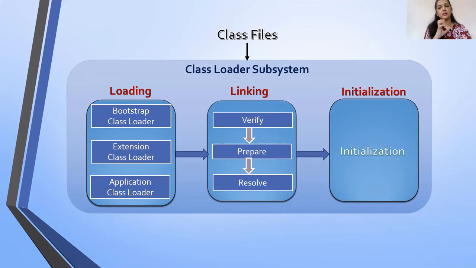I'll also discuss what a static initialization block is. For now, just understand that in initialization, all your static variables will be initialized with the values you have assigned in the program, and the static initialization blocks will be executed at the same time.